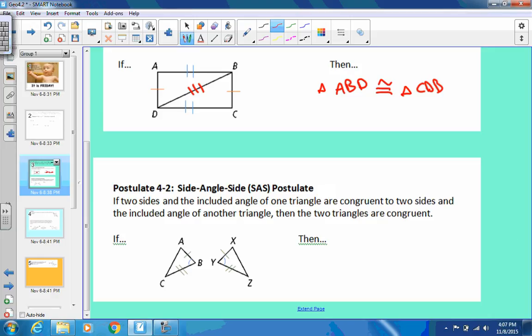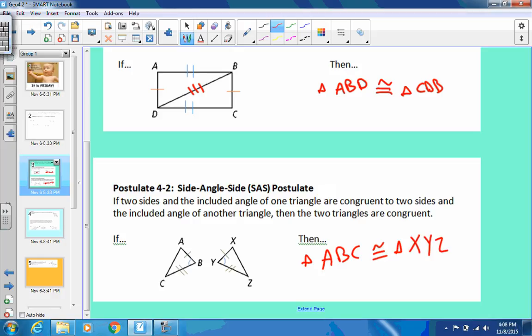It says if we have a picture like this where we have two corresponding sides are congruent, AB is congruent to XY, CB is congruent to ZY, and the included angle, meaning the angle that's between those two sides, then triangle ABC is congruent to triangle XYZ.